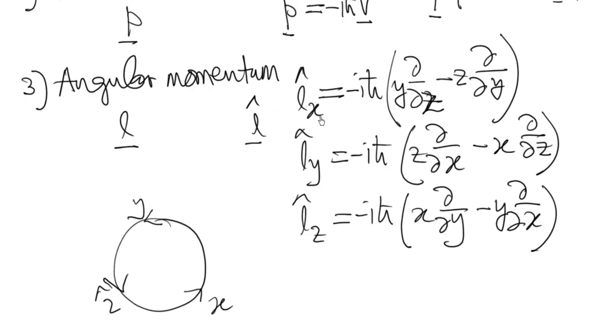So if you take the x component of angular momentum, then here is y and the derivative with respect to z, and then minus, and these will be exchanged, so it is z here and y here. Similarly, when you take the y component of the angular momentum, L y, here will be next z and the derivative with respect to x, and minus, and these will be exchanged, like this.